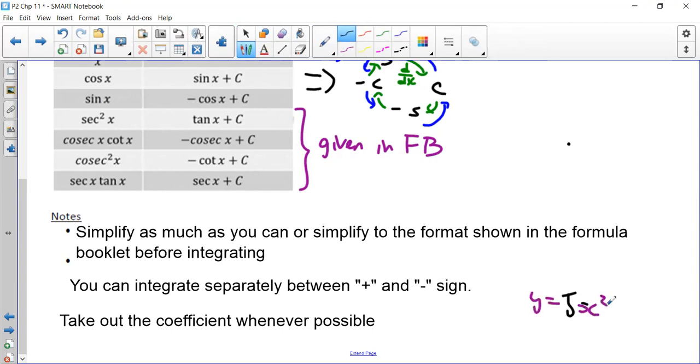If I differentiate, essentially I'm just differentiating x squared, which is 2x. The 5 is just tagging along, so 5 times 2x is 10x. Therefore, the 5 has nothing to do with it, really. So the coefficient is not helpful for integration or differentiation. Therefore, we'll try to take it out whenever possible.